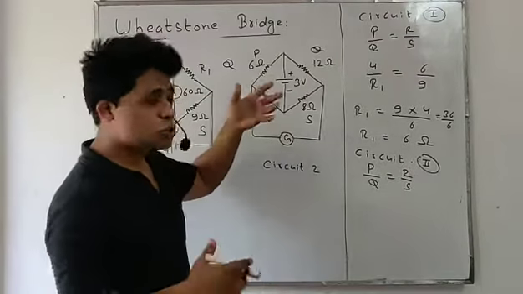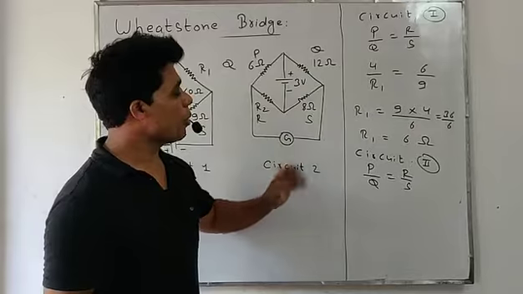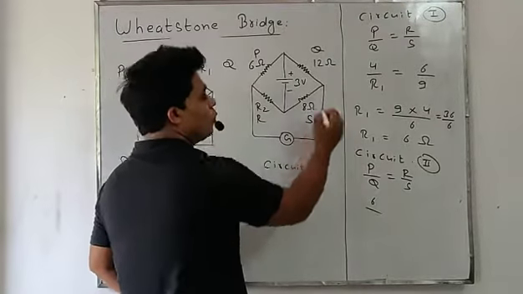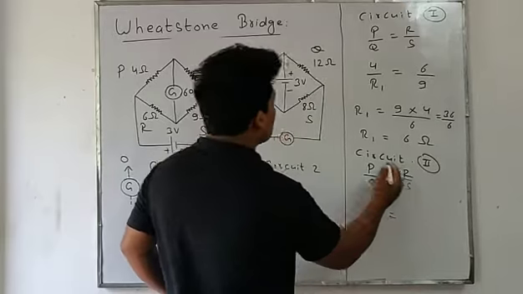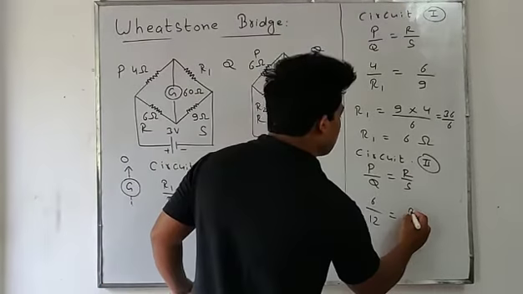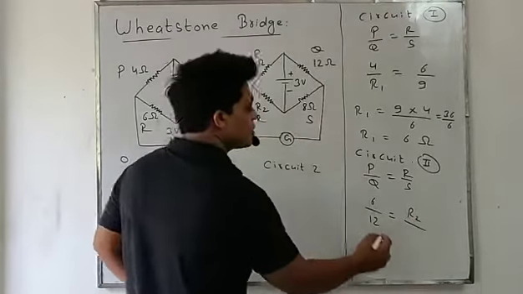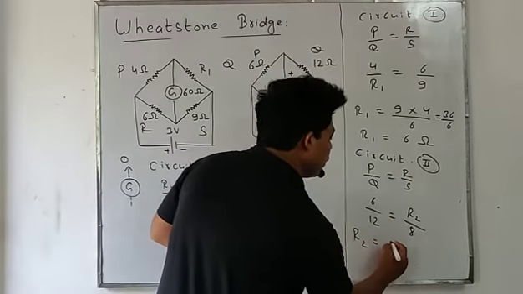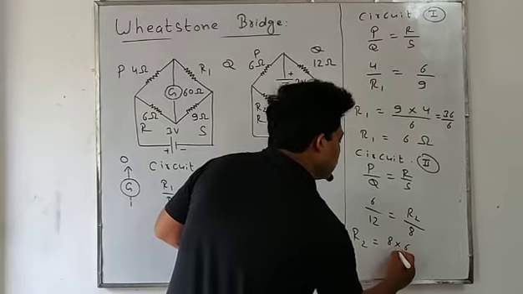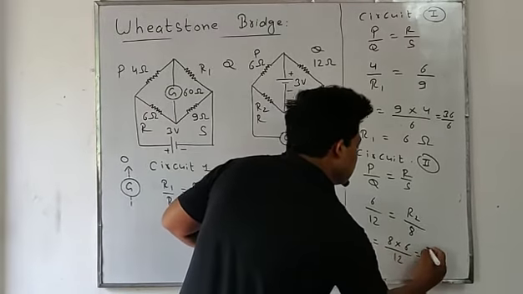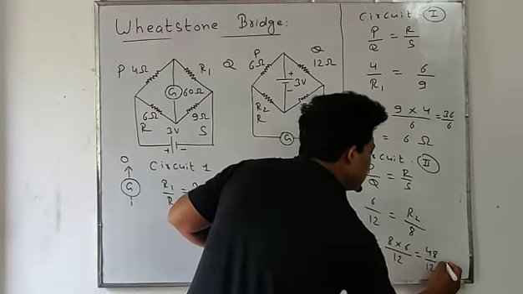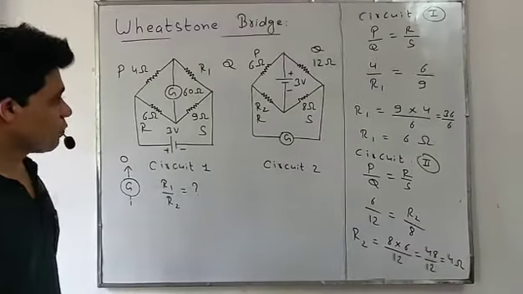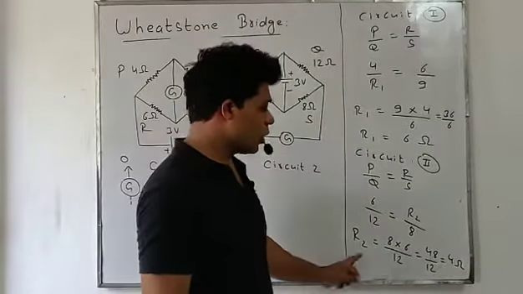That's why the ratio will remain as P upon Q equals R upon S. P is 6 ohm, Q is 12 ohm, R is R2 and S is 8 ohm. So for getting R2, 48 by 12, 4 ohm. Okay, so we got R1 as 6 ohm, we got R2 as 4 ohm.